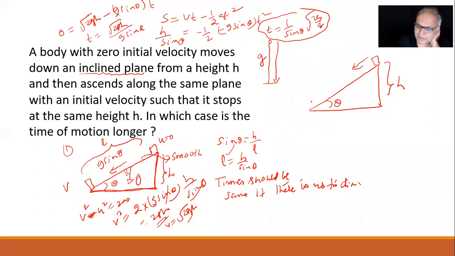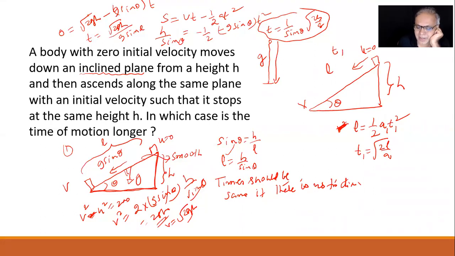If you write the equation for this, this velocity is v, this distance is L. L equals ut plus half a t1 square, where u is 0. Coming down, I'll say the time is t1. So t1 will be root of 2L by a. That means it depends on acceleration. Let me call it a1.